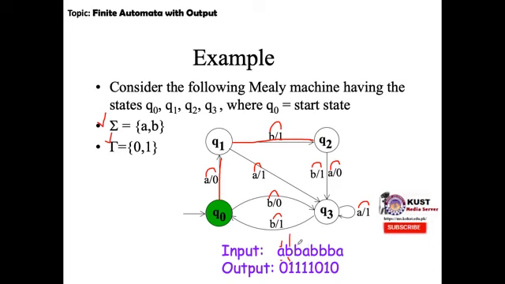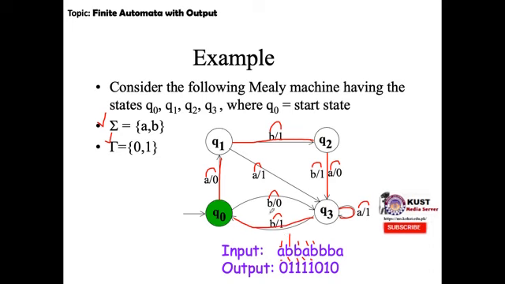And then we will read a B again, and what will we print? 1. And then we will read A, and then we will print 1. And then we have a B, and what will we print? We will print a 1.